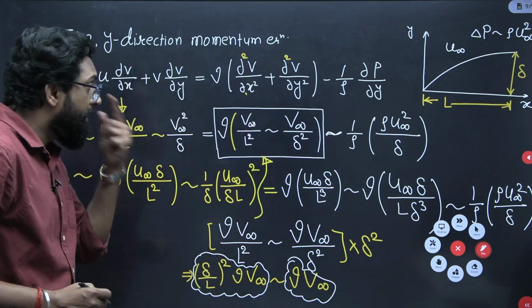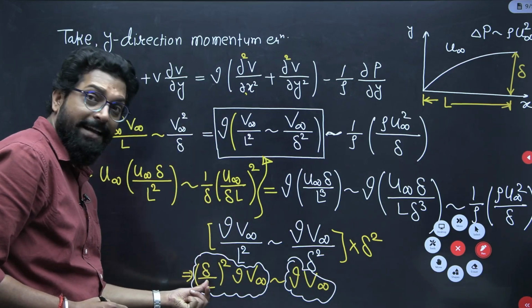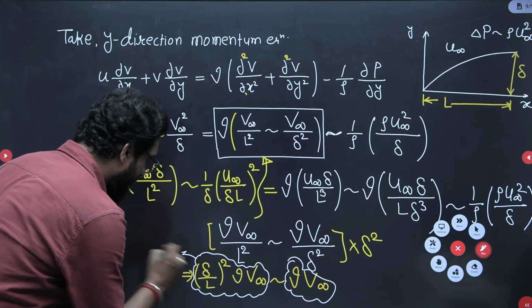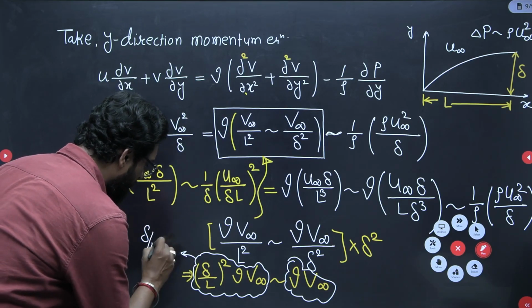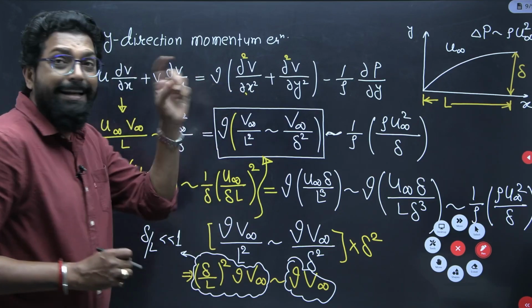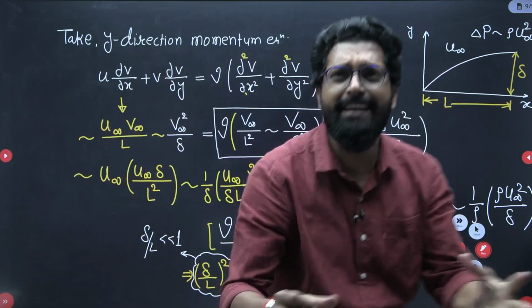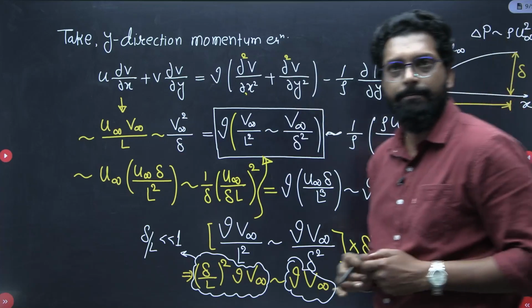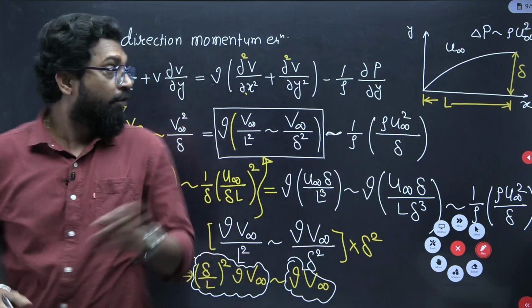These are diffusion terms. Why? Because this is delta by L, and delta by L we have just now seen is less than 1. So diffusion in x direction is very, very negligible as compared to diffusion in y direction. So you can neglect this term.